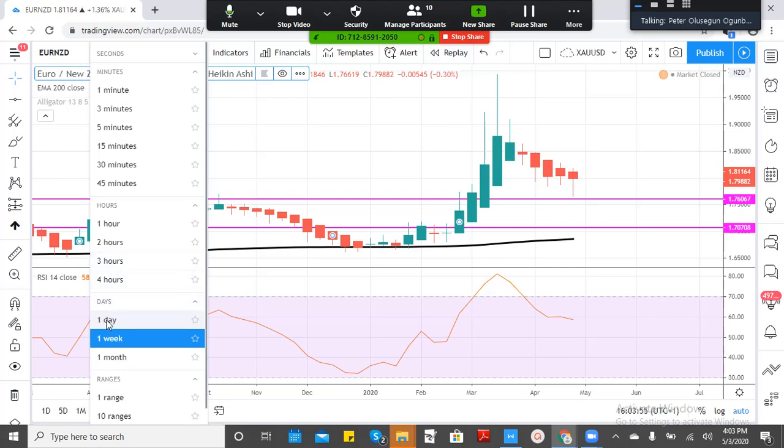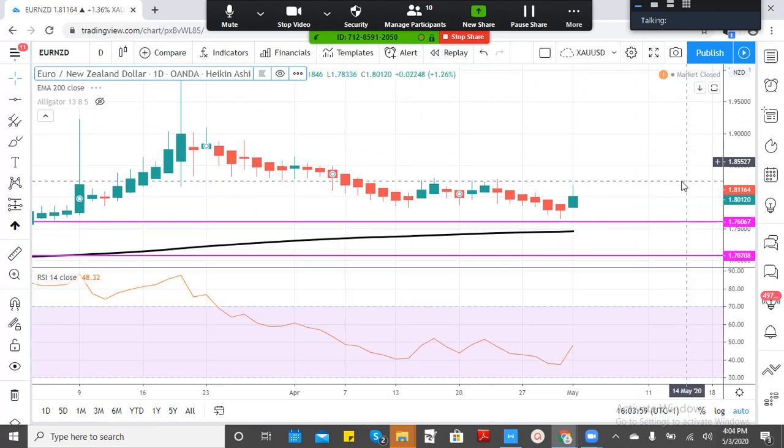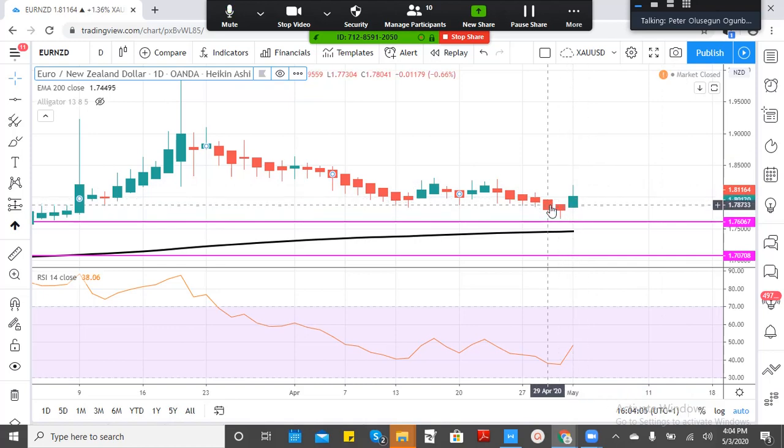I pick day. Now, the 5 days will be 1, 2, 3, 4, 5. So that is the activity that we noticed.